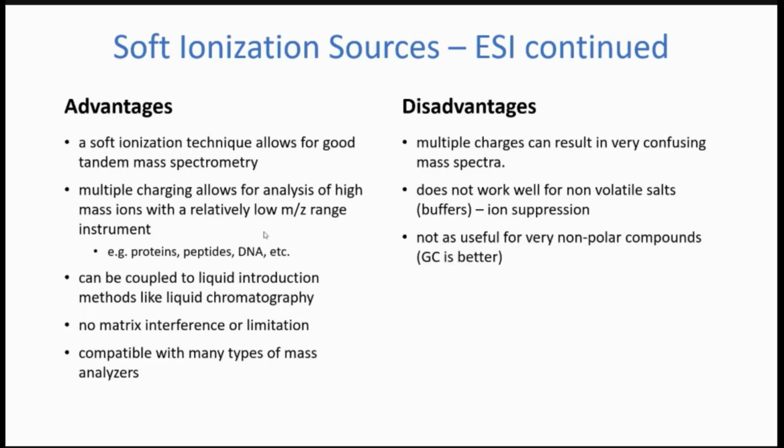It's not useful for very nonpolar compounds. If you've got very large nonpolar compounds, the best thing to do is to switch to GC and do something like CI or APCI. It's very destructive to the sample, so you can't recover your sample at the end, but that would be true for all mass spectrometry techniques.